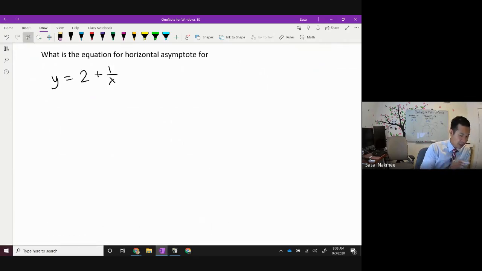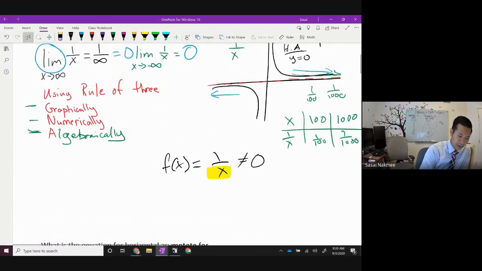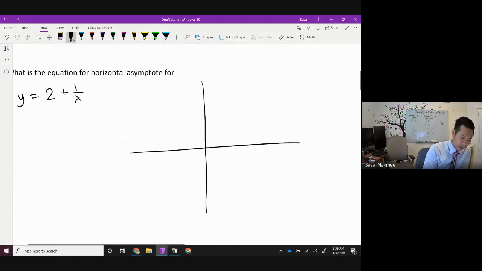So let's say I was looking at this graphically. 1 over x is my parent graph, so I know my parent graph looks something like this, with a little shape going that way and that way, with a horizontal asymptote here.